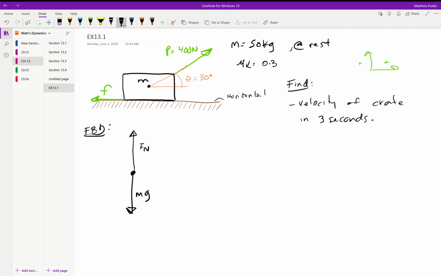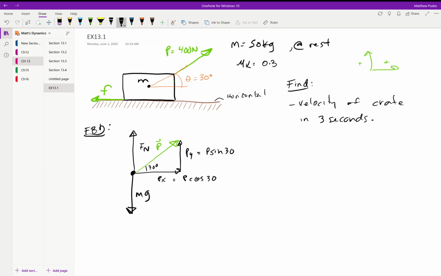And we have this force P, but we need to break that one into components so that we have P in the x direction and P in the y direction. It's going to be P cosine 30 and P sine 30, where this is 30.